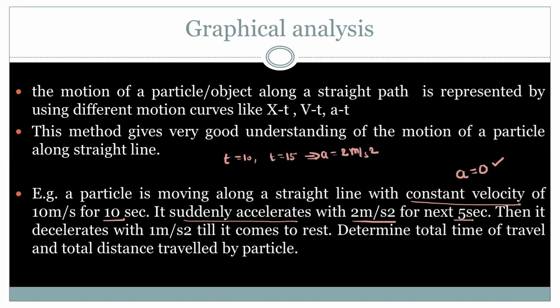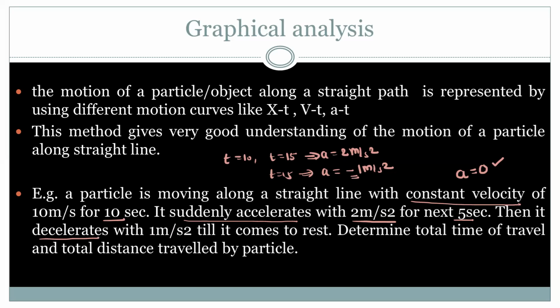So with this acceleration, particle is moving on that straight path. Then it decelerates with 1 meter per second square till it comes to rest. That means after 15 seconds, for remaining time, particle's acceleration is minus 1 meter per second square. The meaning of minus is it is a deceleration.